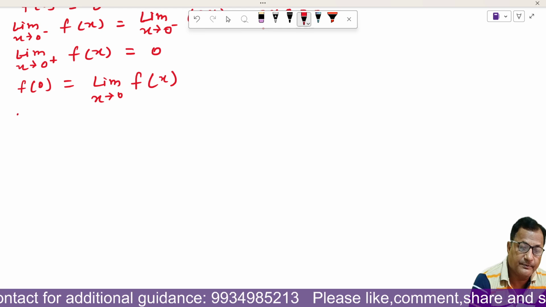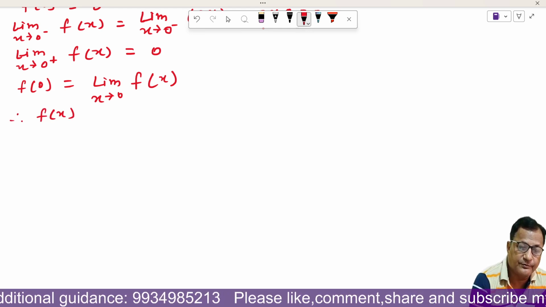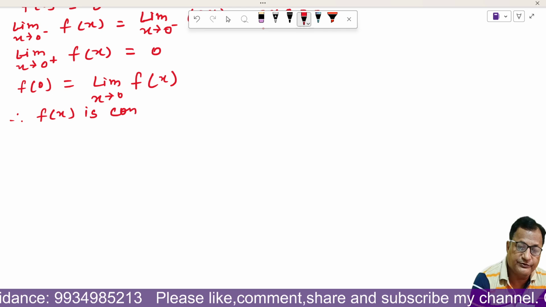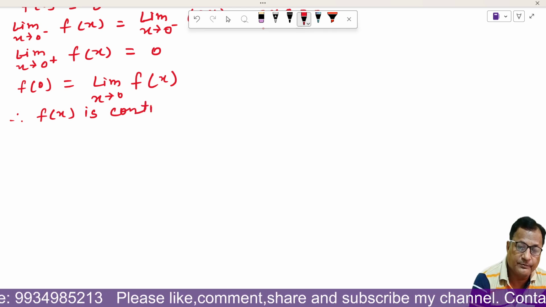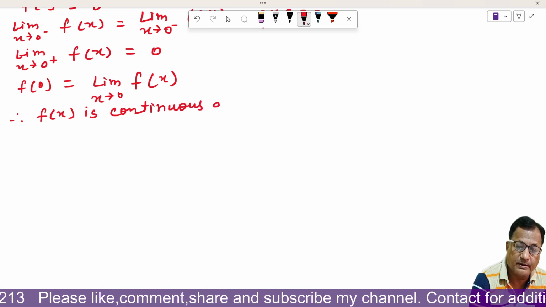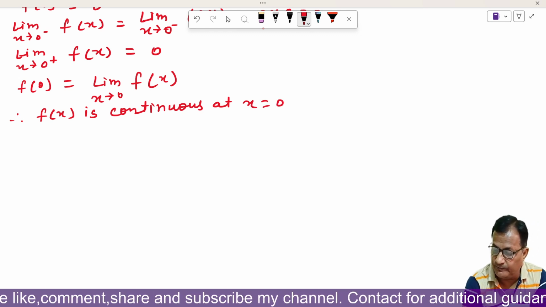Therefore f(x) is continuous at x is equal to 0.